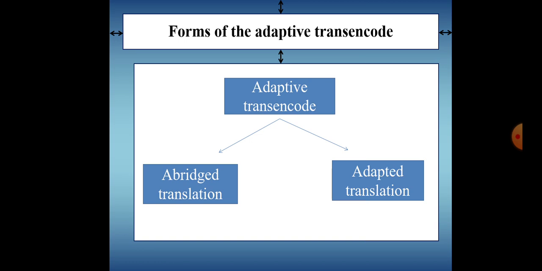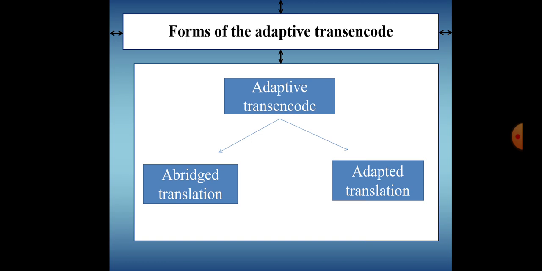Different forms of adaptive transcoding have different degrees of coincidence with translation, but the main feature which makes translation and adaptive transcoding alike is that it is also this or that representation of the original in the other language.